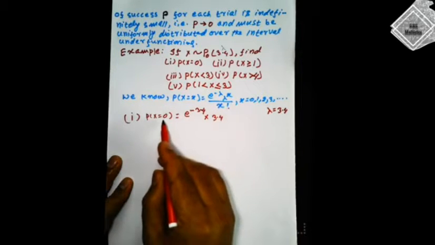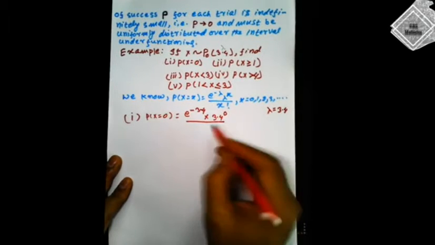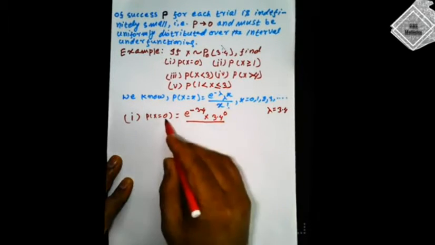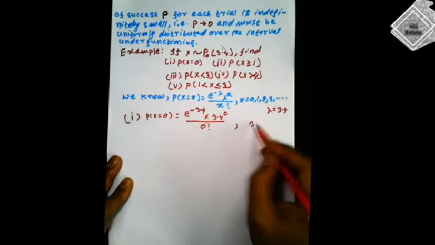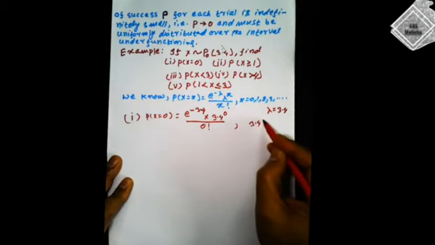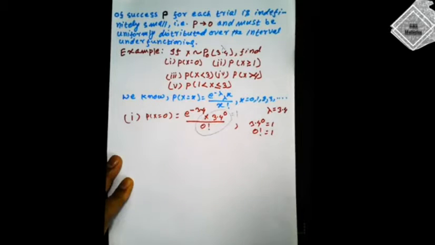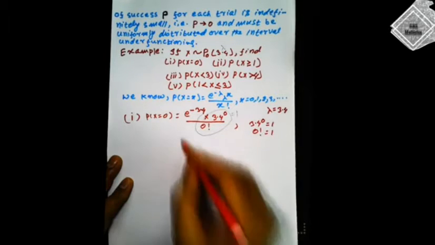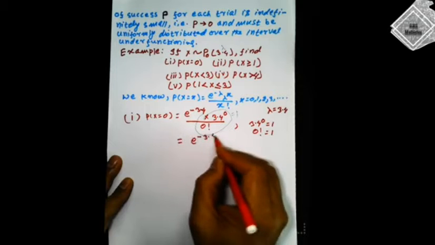We are working with x equal to 0, so in place of x there is going to be 0, and the whole thing divided by 0 factorial. Now you know that any number like 3.4 to the power 0 is 1 and also 0 factorial is 1, therefore this will be equal to 1, and then you are left with e to the power negative 3.4.